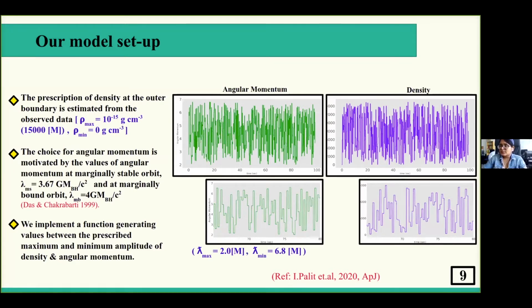These are the plots for density and angular momentum changes at the outer boundary throughout the evolution. If you look at the x-axis, it's the time scale, which is 100 seconds. That's our whole time of evolution of the simulation. Also, the zoom plots are added to show the distribution of these quantities at the outer boundary.